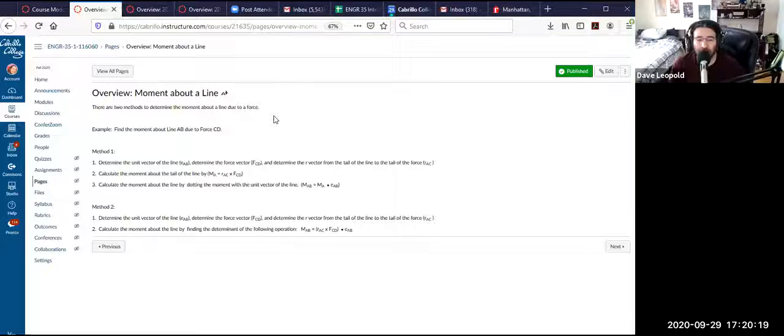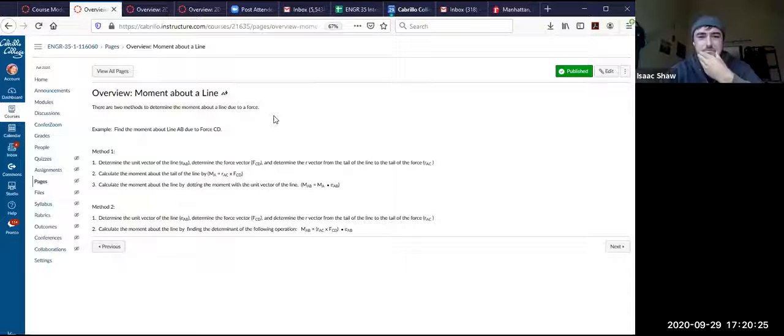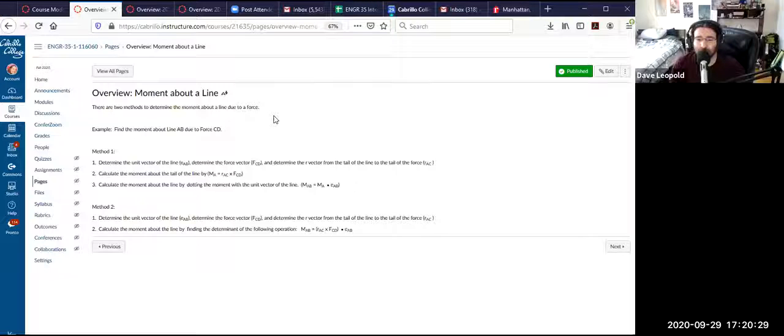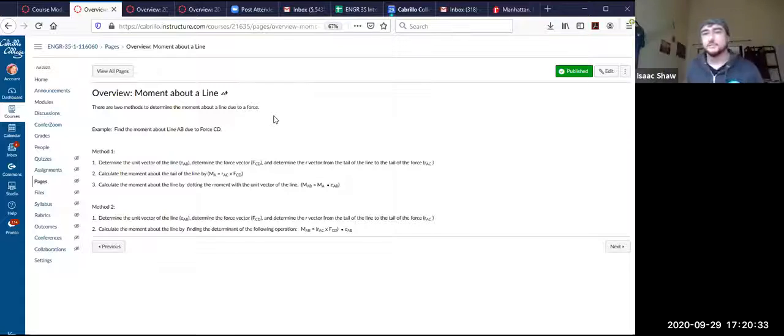I maybe am overthinking it, but I think it's the same method. It's just not stopping in the middle. My understanding of what she said is that the second method is the quickest, so you use that one if you just want the moment about the axis, about the line.